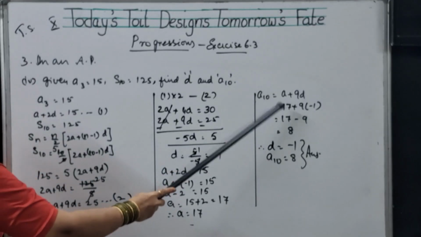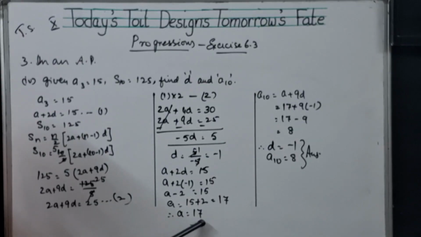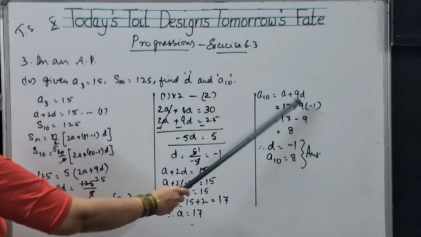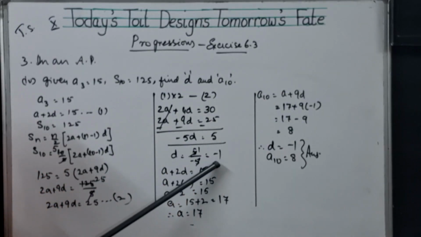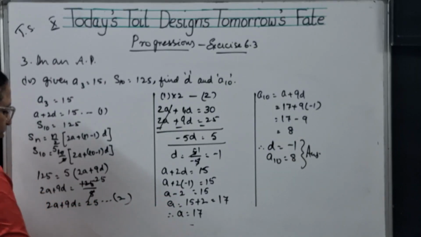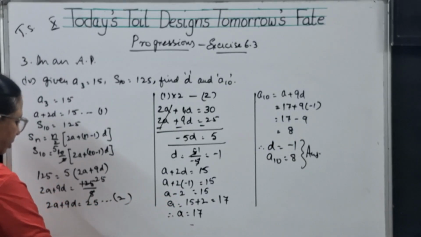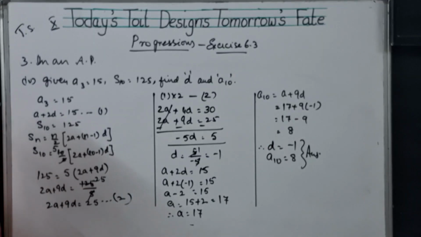So a is 17 plus 9 into d value minus 1. I have taken 17 minus 9 is 8. So these are the answers for this problem, children. d is minus 1 and a10 is 8. These are the solutions for the problem, children. Please note it down.